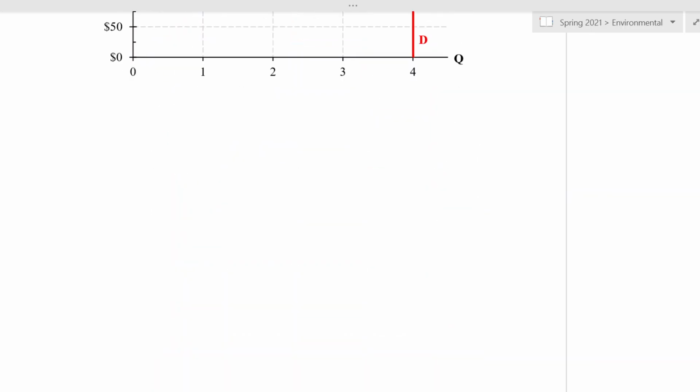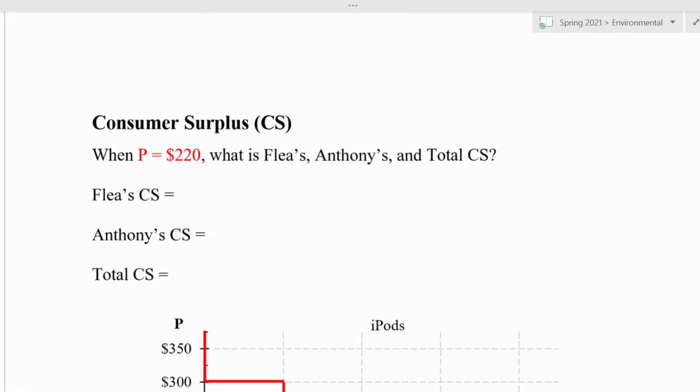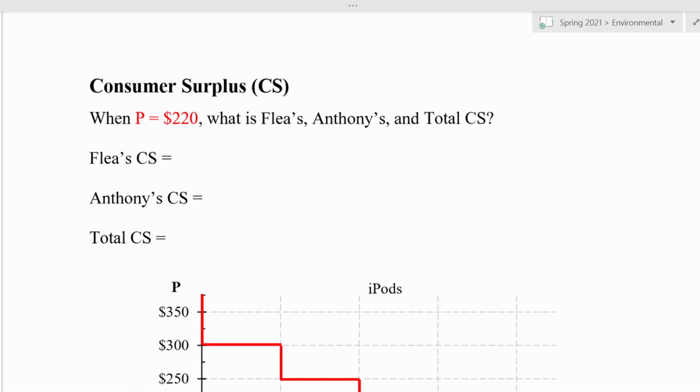Now let's change the price. Instead of being $260, let's suppose the price is $220. So Flea's consumer surplus, willingness to pay minus price: he's still willing to pay $300, and now the price is only $220, so Flea has a consumer surplus of $80.